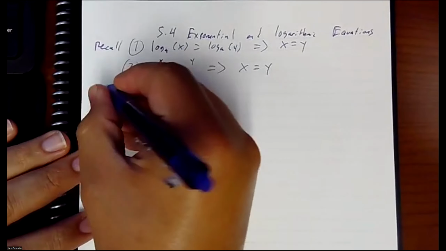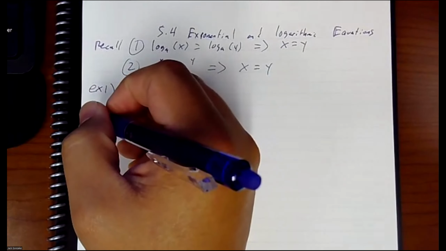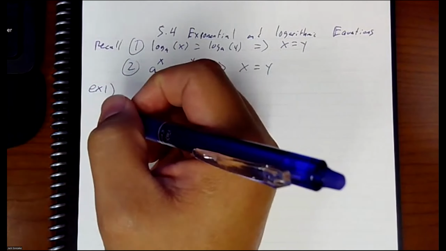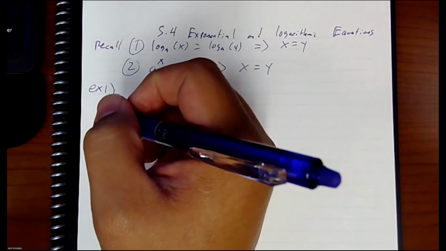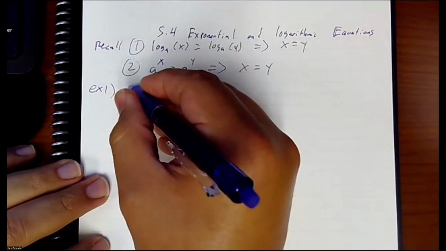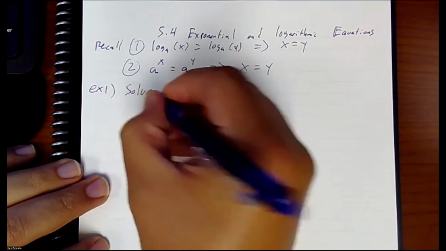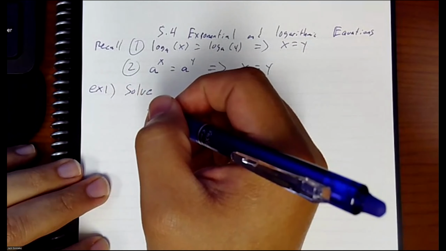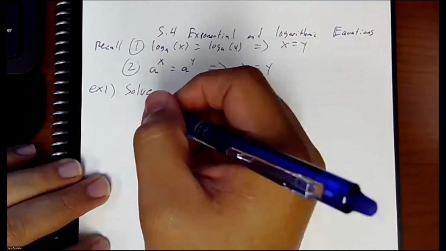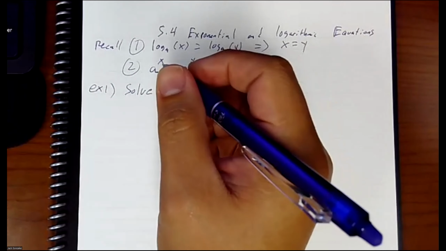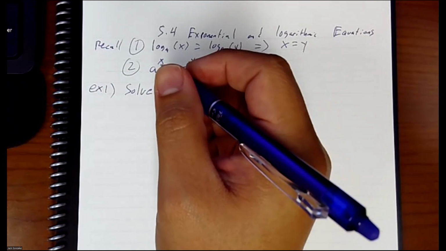We're going to use all of them. Let's start with something simple where we don't have to use too many properties. No, it's too easy.